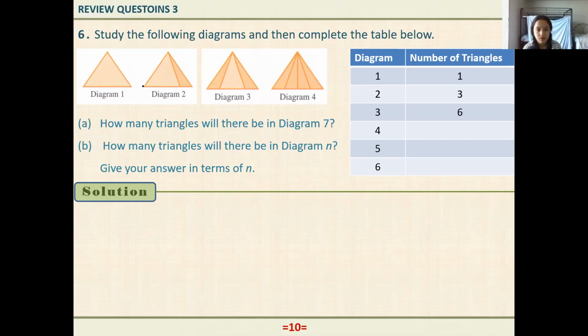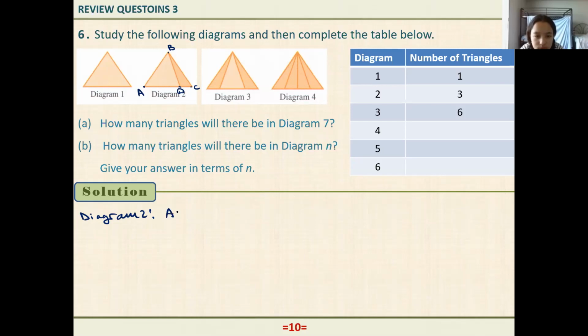Shahina, look, let me just name the corners. Let's say this one is capital A, this one is capital B, this one is capital C, this one is capital D. Now you may wonder, what are those triangles? In diagram 2, A, B, C. Is it a triangle?